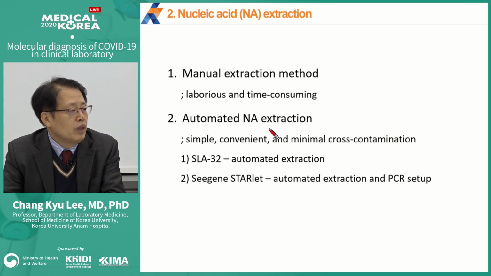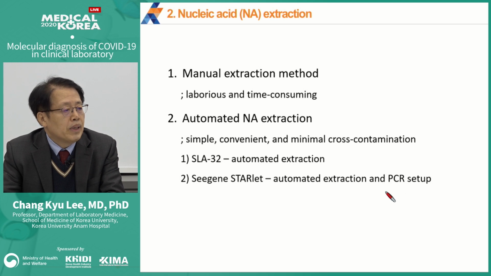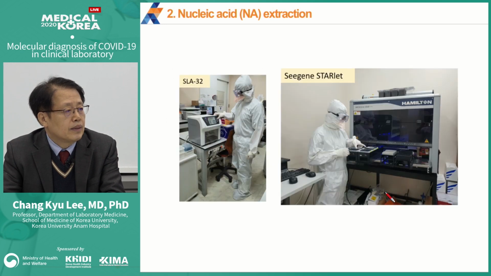It is simple, convenient, and minimal cross-contamination. One is SLA32, automated extraction system. The other one is Seegene Starlet. It is automated extraction and PCR setup. PCR reagents are automatically dispensed inside the equipment.